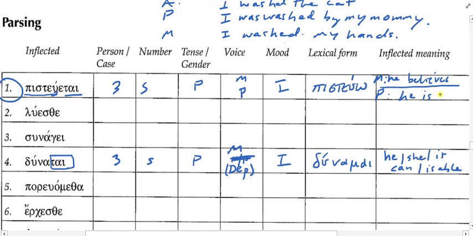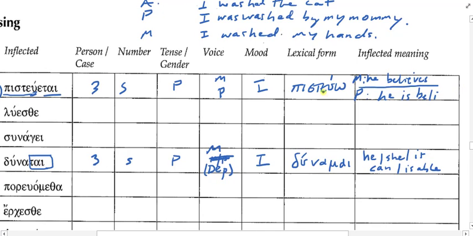This is he is believed. Okay? Because the middle meaning and the passive meaning are different even though they are identical in form. In the middle, he is doing the believing, and in the passive, someone is believing him. Okay?